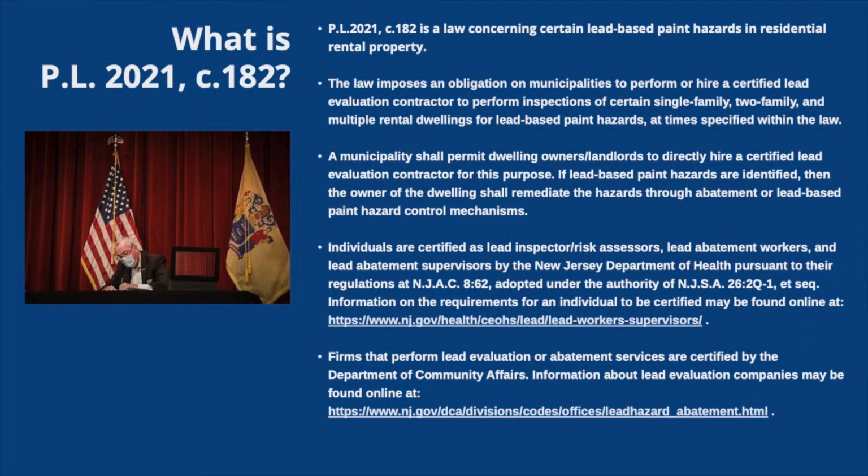A municipality is to permit a dwelling owner or landlord to directly hire a certified lead evaluation contractor for this purpose. And if a lead-based paint hazard is identified, that owner of the dwelling is to remediate the hazards, either through abatement or lead-based paint hazard control mechanisms. And we're going to go over some more details on abatement and these control mechanisms shortly.